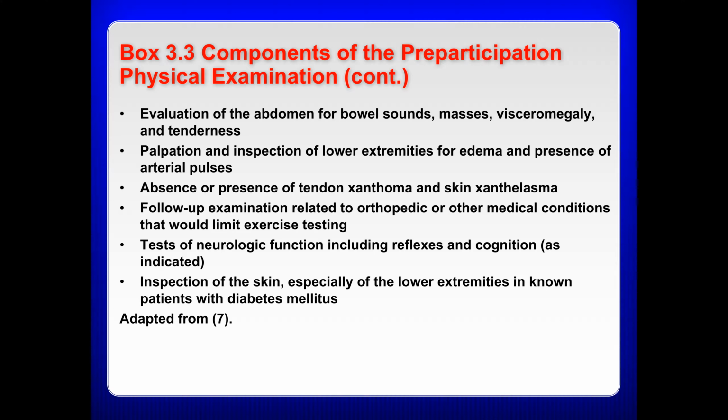But you may see the individual, the client, on a regular basis. So if you're dealing with a diabetic individual and you see that they have a wound and the wound seems to be getting worse or isn't healing properly, then you're seeing that on a regular basis.